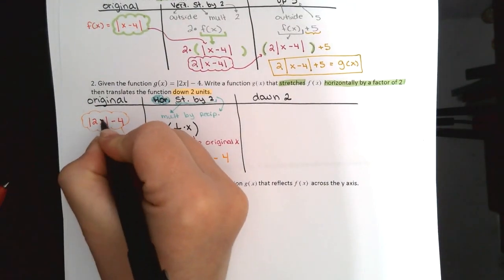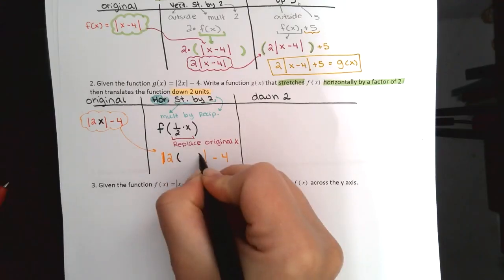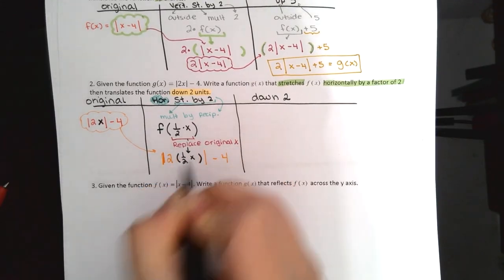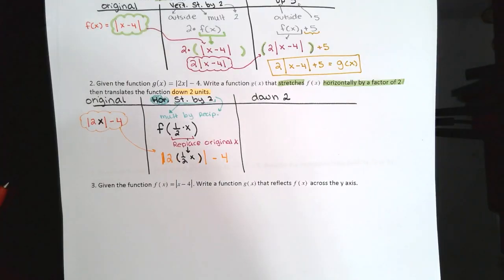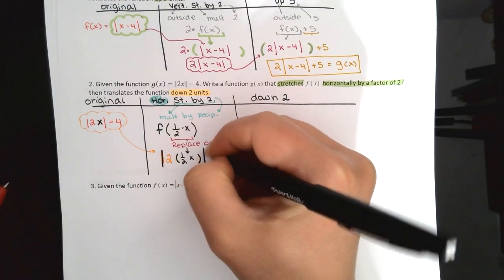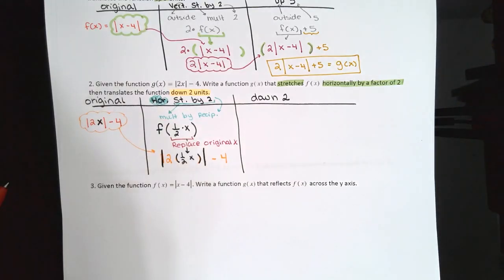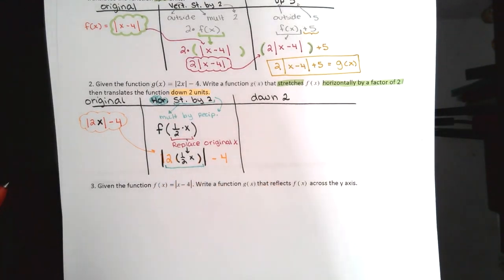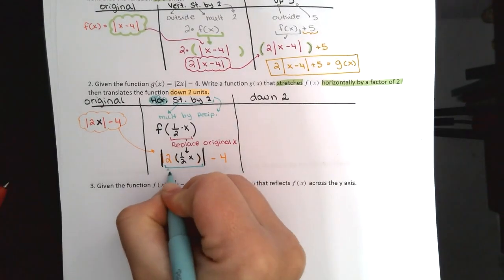So here's my original x. Here's my original x. And I'm going to take my 1/2 x and put it inside of the original x spot. Now notice what I have. I do have absolute value here and here. So all of the changes are happening on the inside. Since it is on the inside of the absolute value, we must simplify.